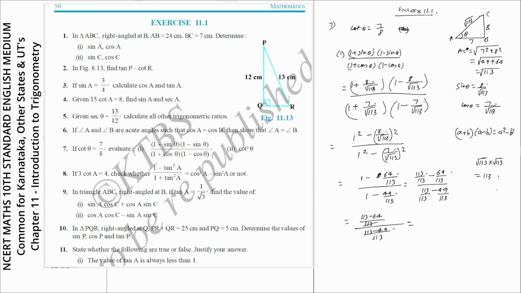So these 113s will get cancelled. 113 minus 64 is 49 and 113 minus 49 is 64.